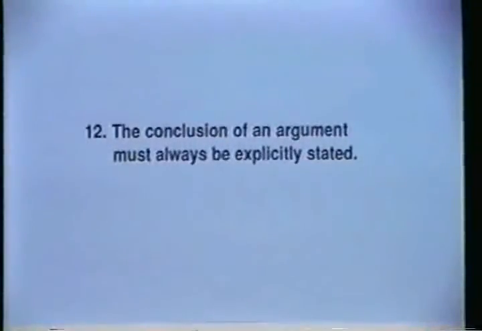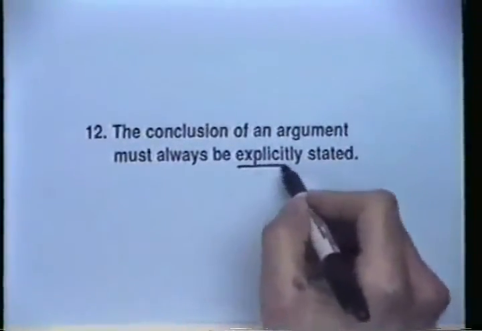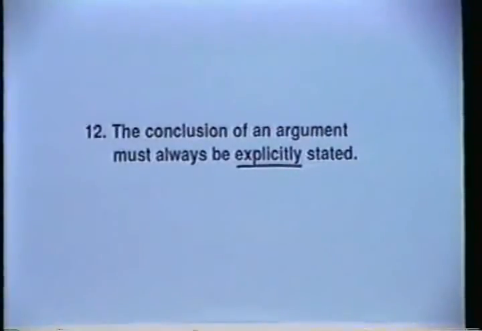And number 12, the last on the test, the conclusion of an argument must always be explicitly stated. Explicitly stated? Most of the time, yes. But sometimes it's clear that a person is arguing when the conclusion need not be stated because it's so obvious what the conclusion of the argument is.